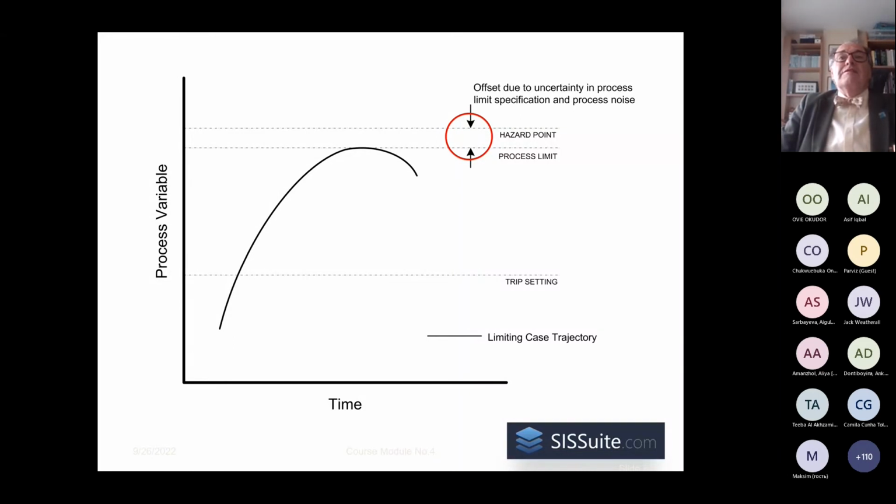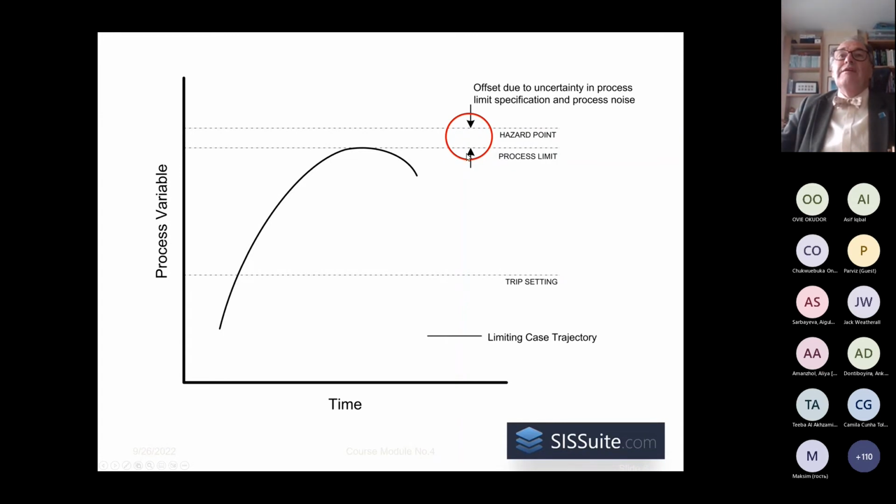So because of that uncertainty in the hazard point specification, it is appropriate to back off from that hazard point by a corresponding degree to match that uncertainty and define a process limit.